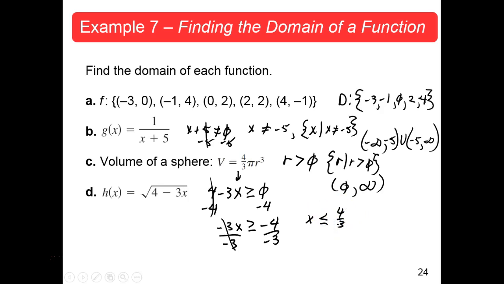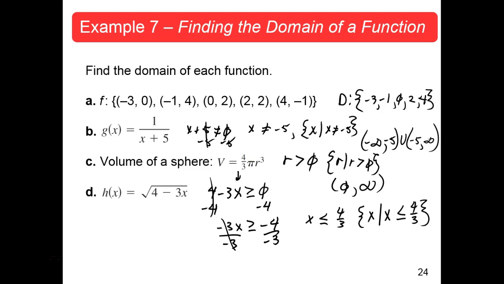Perfect. That to me is an okay way of expressing the domain. If you want it in set notation, that would be what? The set of all x's such that x is less than or equal to 4/3. There are other things you could put in there. How about interval notation?